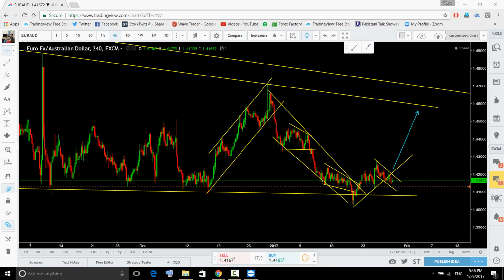So we are still looking for an up move. Okay, for this move, remember, if the Australian dollar and the United States dollar are going to fall, this pair is also going to rise. This pair will rise, so we are looking short on that pair and buy here on this pair.